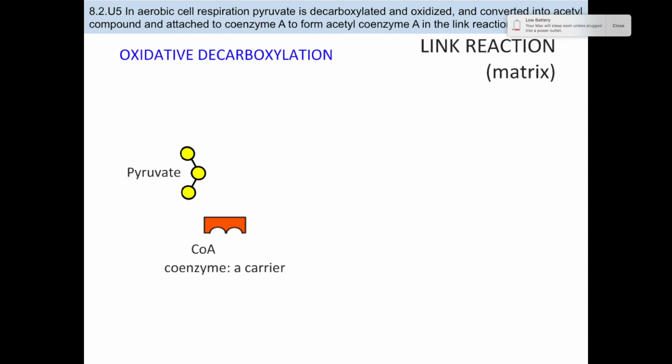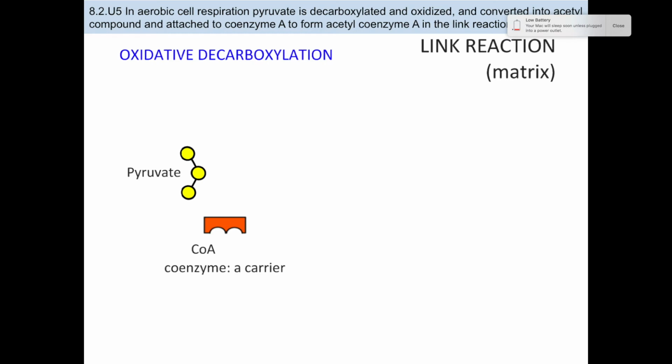Why do you think it's called oxidative decarboxylation? Why decarboxylation? In the matrix, enzyme removes H and CO2. What is removed? Hydrogen and carbon dioxide. Carbon is removed. Decarboxylation means removing of carbon.